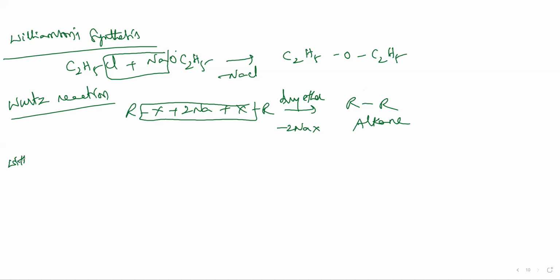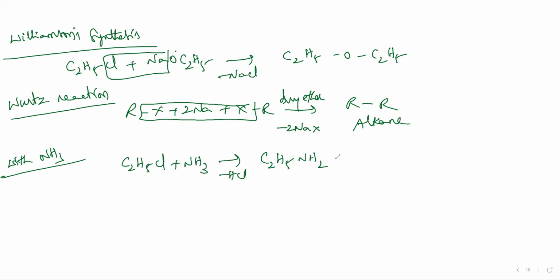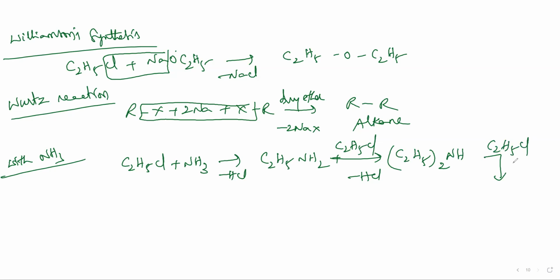Last one, with ammonia. If you take C2H5Cl plus ammonia, eliminate HCl, and what is remaining is C2H5NH2. One more C2H5Cl minus HCl again, C2H5 taken twice on N. Then again we use one more C2H5Cl in excess, minus HCl.